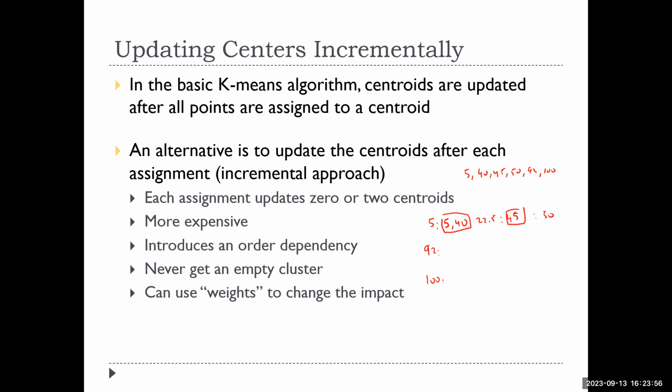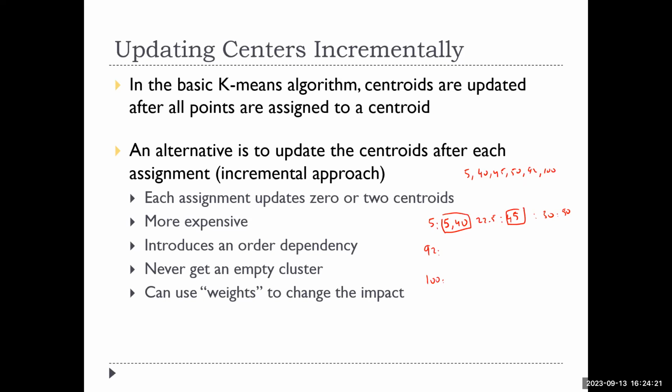So as soon as I put 50 in, I'm going to recompute my center. Whenever you add a point to a cluster, you recompute. That's the way it works. So this avoids the empty cluster problem.